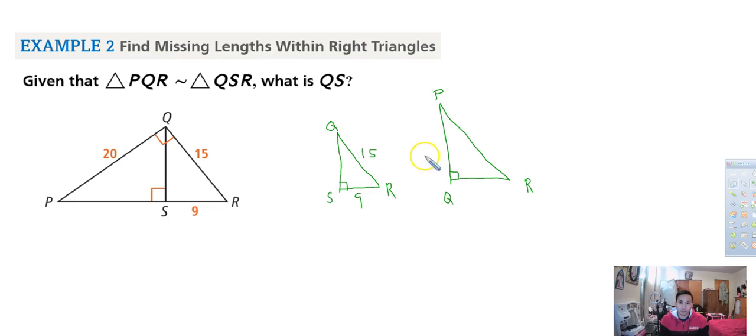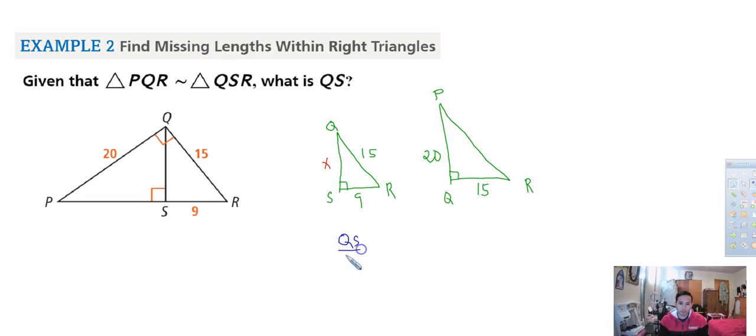This is 90 degrees, this is 20 units, and this is 15. I'll put X for the unknown, QS.